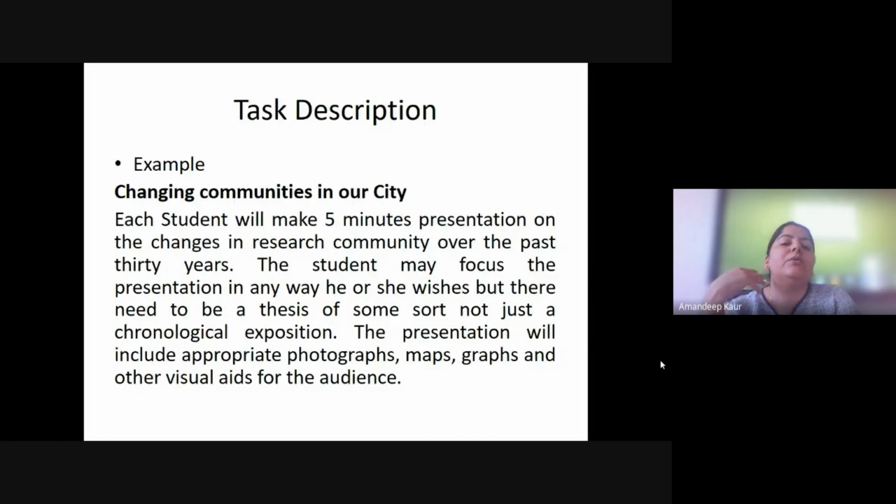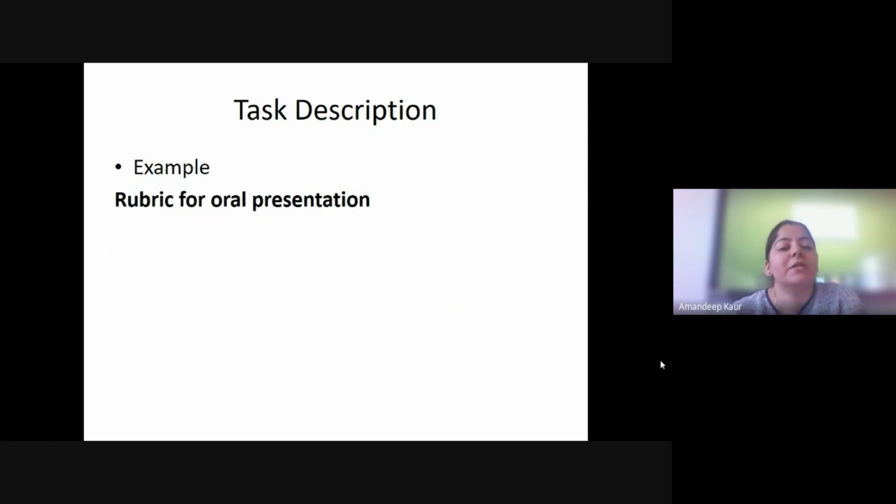So they need to spend more time with the information collected so that they come up with that one slide rather than designing 20 different slides. So a task description depends upon the nature of the activity assigned by the teacher and your expectations as a faculty as per the learning outcome, course outcome, and program outcome of your branch of specialization.